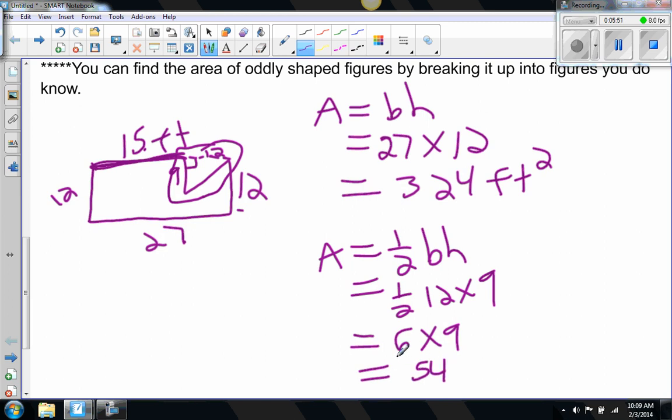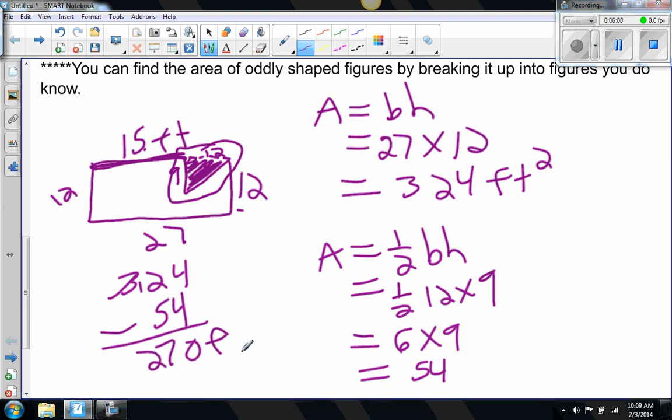So I have 54. But that's not my answer either, because this chunk right here is really not part of the figure, right? So I need to subtract it. So 324 minus 54. So I get 270 square feet for this figure without that little chunk in there.